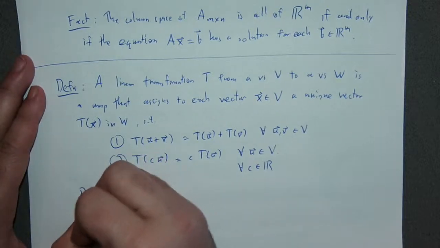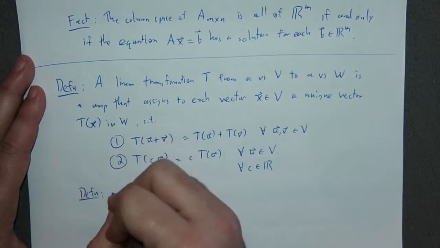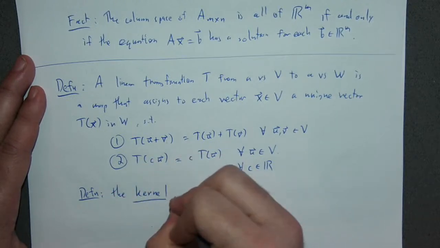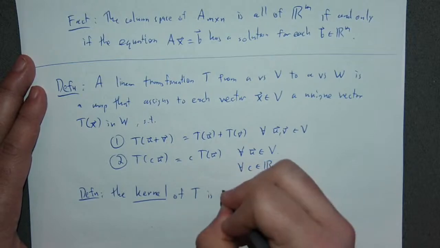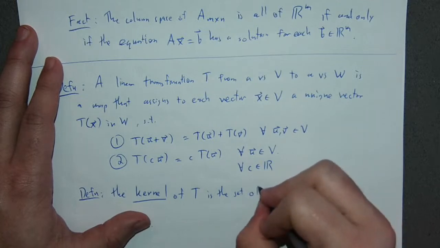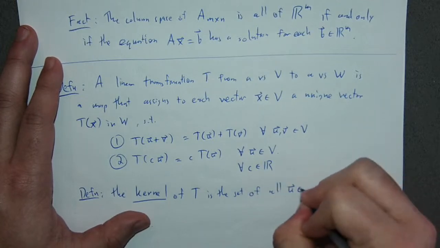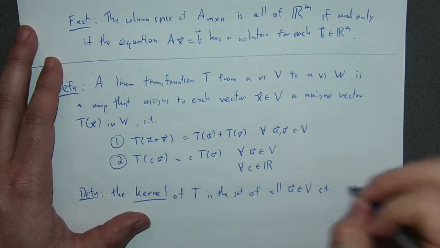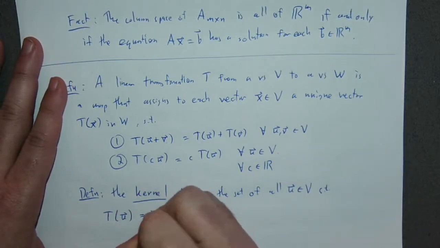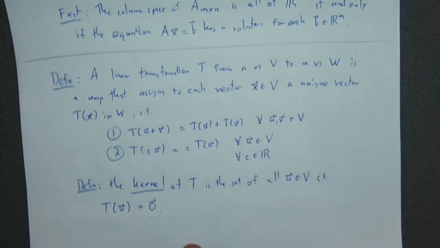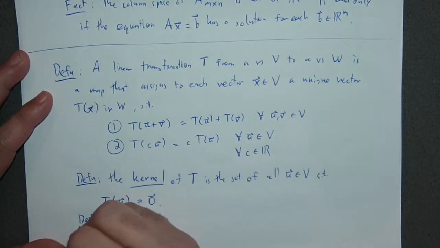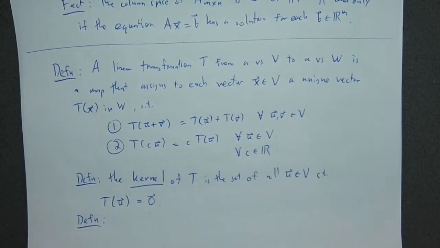Okay, so quick definition. The kernel of T is the set of all U in V such that TU is equal to the 0 vector. That might ring some bells.